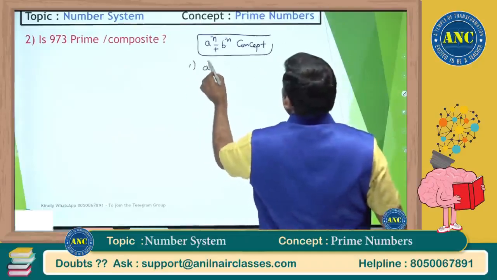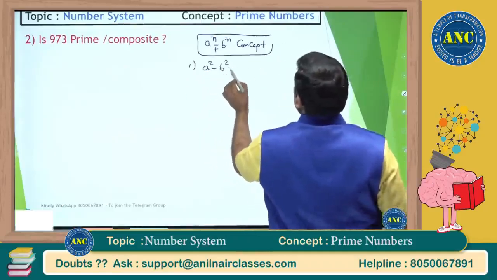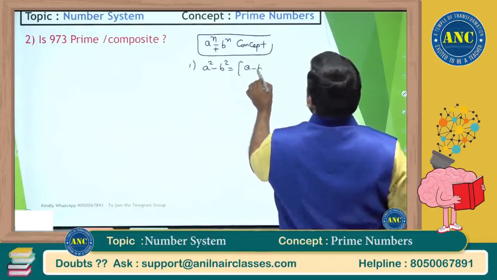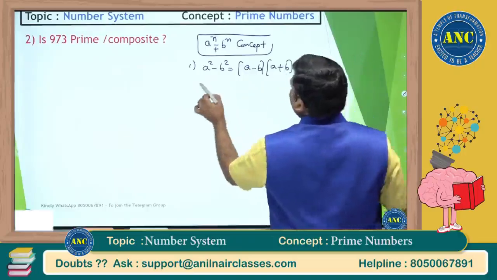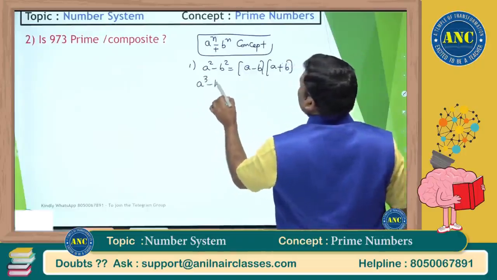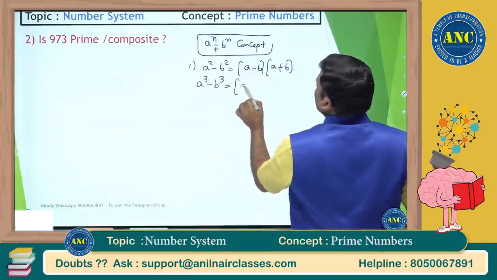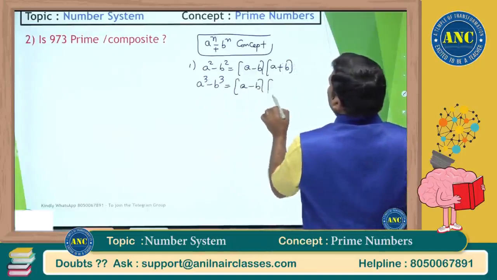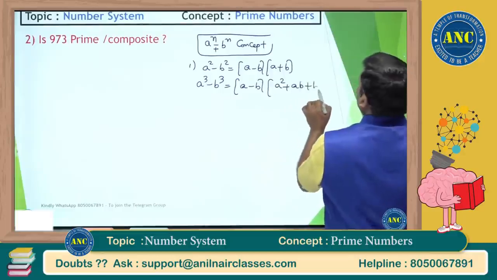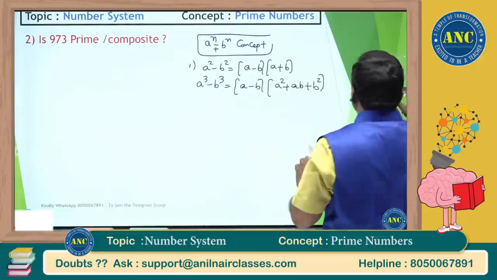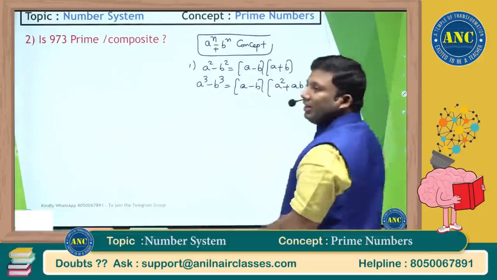First key point: a² − b² can be written as (a − b)(a + b). a³ − b³ can be written as (a − b)(a² + ab + b²). Very, very important key point.